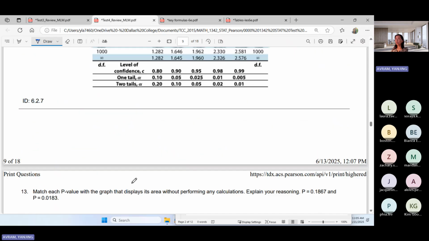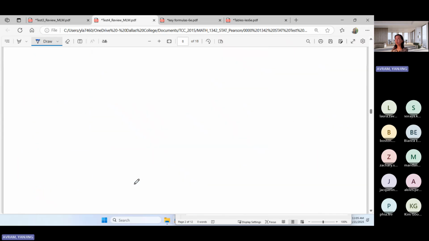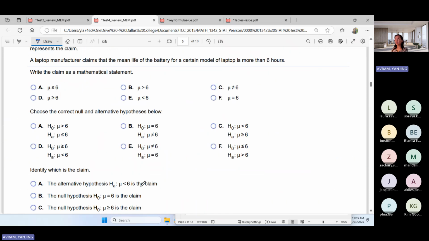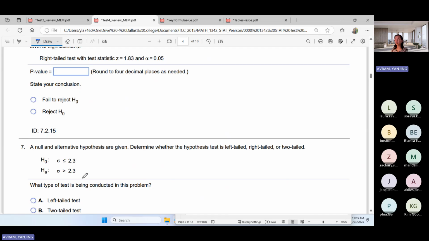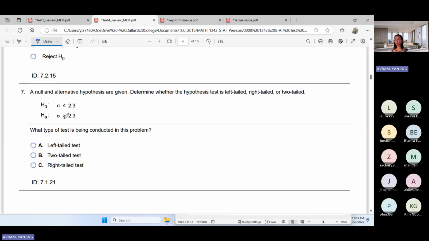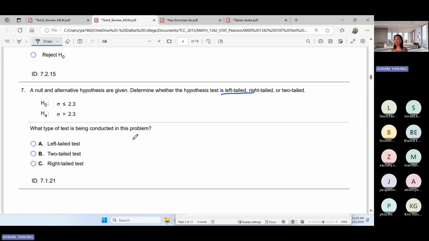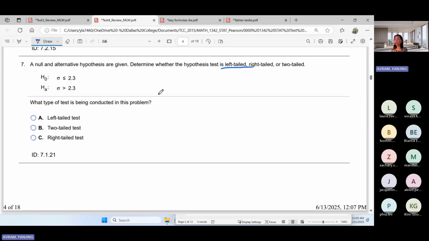Okay, let's go ahead and look at chapter 7. Let's start at 7.1, a good start, okay? A null and alternative hypothesis are given. Do you know if this is a left tail or right tail test?